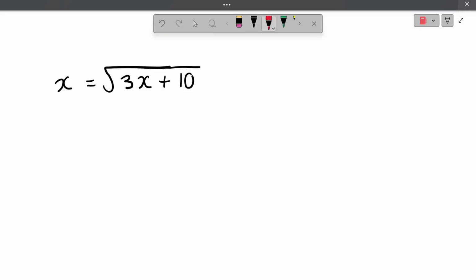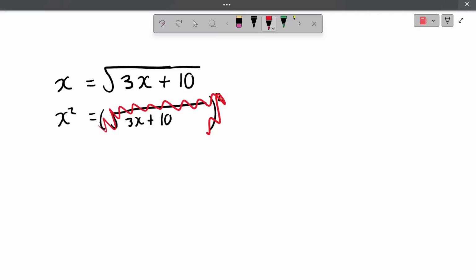So I have x squared equals, in brackets, the square root of 3x plus 10, squared. Now, the square root symbol and the squaring cancel.